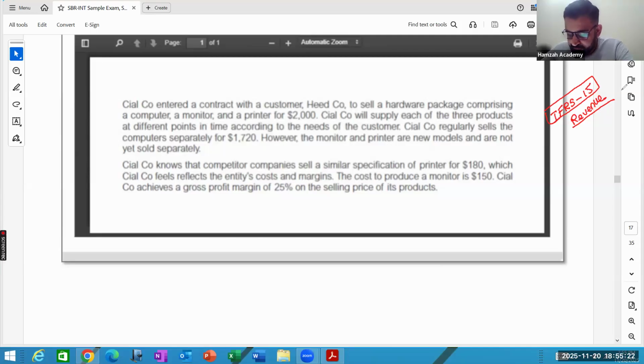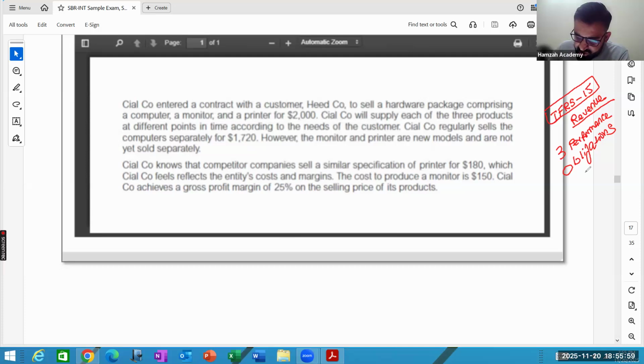Now, C company has an arrangement with a customer, H company, and in that arrangement, C company has 3 distinct performance obligations.